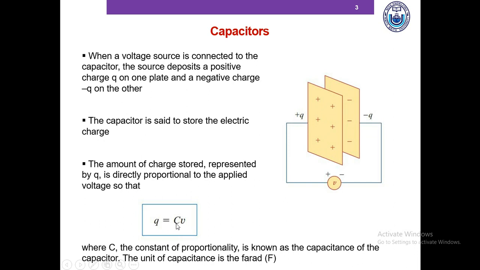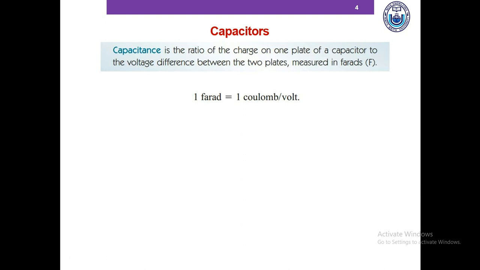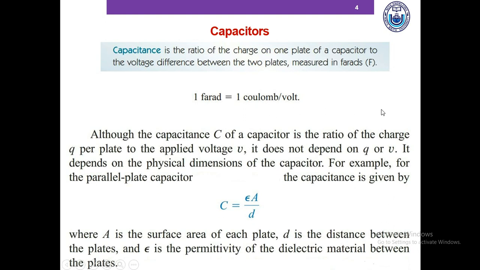And the amount of charge that is going to get stored in the capacitor depends on the voltage applied and the capacitance of the capacitor. So the higher the voltage or the capacitance, the higher the charge that is deposited on the capacitor plates. Capacitance is the ratio of the charge on one plate of a capacitor to the voltage difference between the two plates. So 1 farad is basically 1 coulomb per volt.